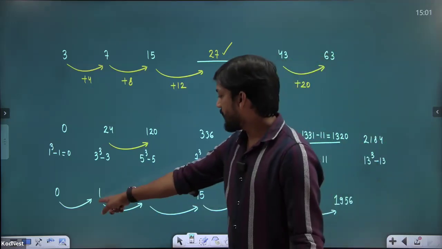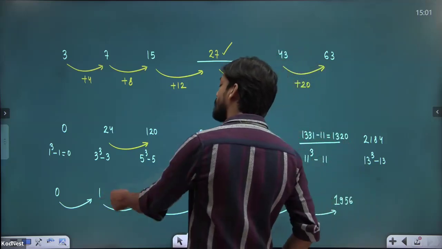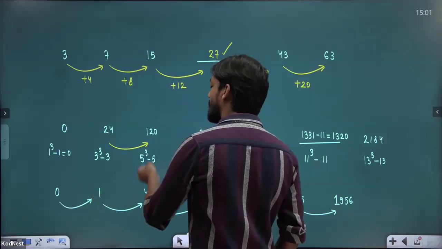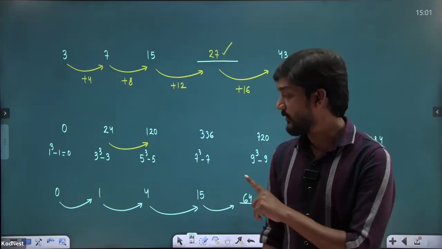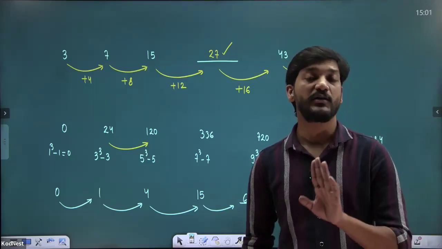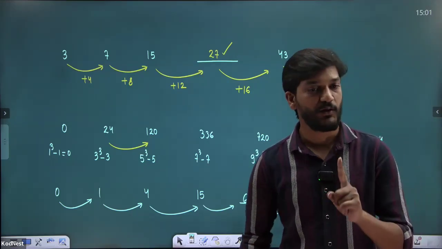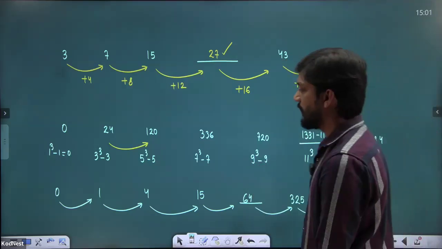Now with 1, somebody can say, sir, 1 into 2 plus 2. Somebody can say 1 into 3 plus 1. Somebody can say 1 into 4. So many things will work out with 0 and 1. That's why never start with 0 and 1 if it is present in the starting. Is this point clear? Never start from 0 or 1.